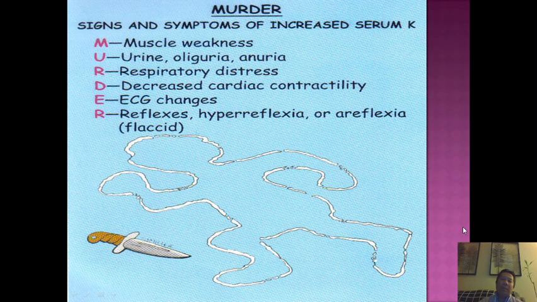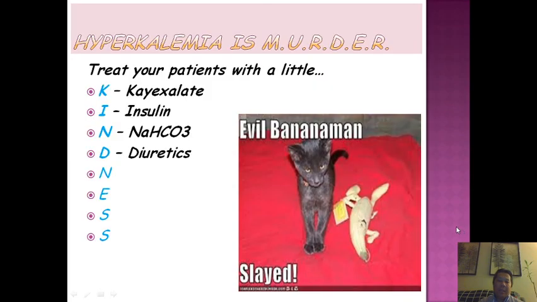Now, how do we manage hyper K? A lot of people will say hyperkalemia is murder, so you need to treat your patient with a little kindness. Kindness, basically, Kayexalate.